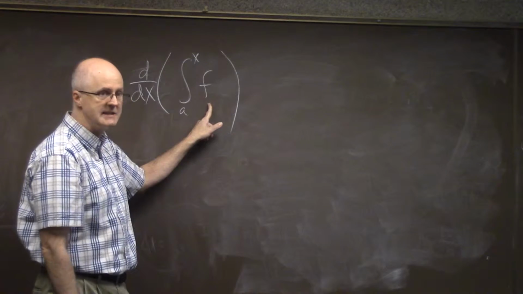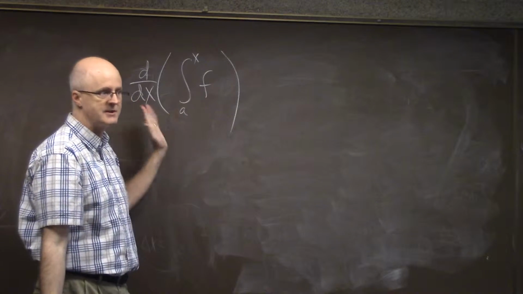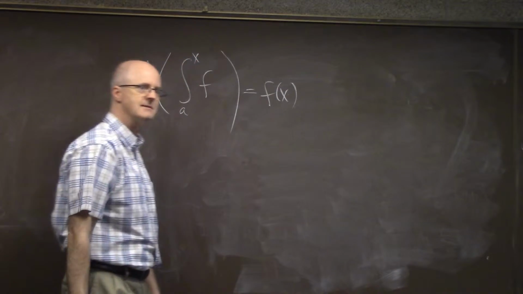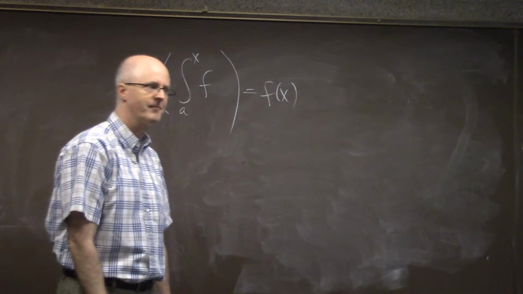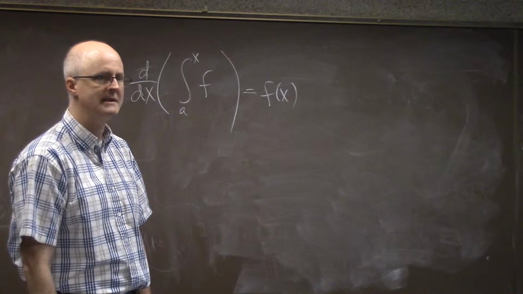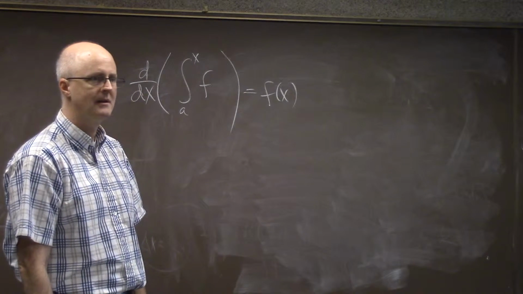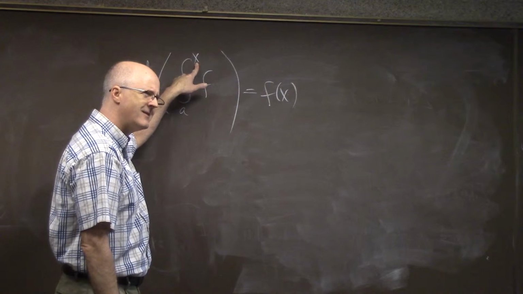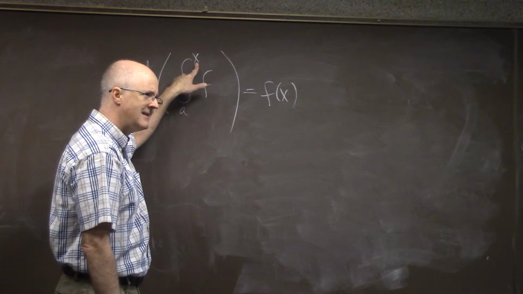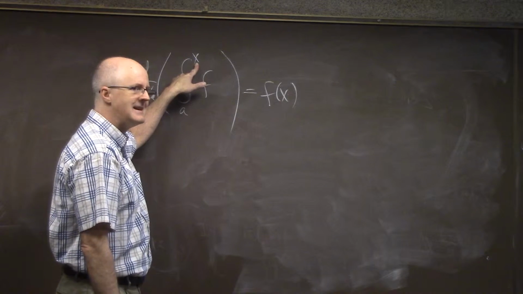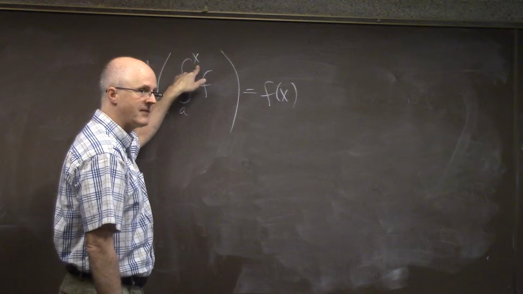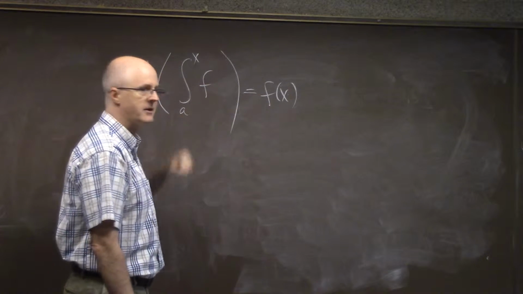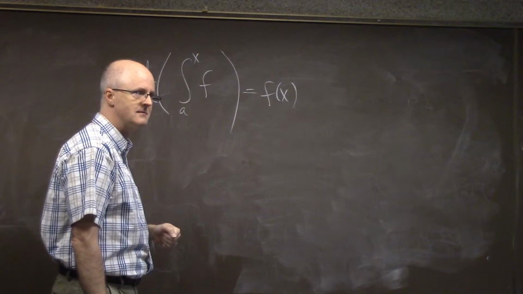As long as f is continuous, for example, this derivative can be found and it equals f of x. As long as little f is continuous, this integral as a function of the upper limit of integration, a weird idea, is a differentiable function of that variable up there, and its derivative is the function you're integrating at that value of x.